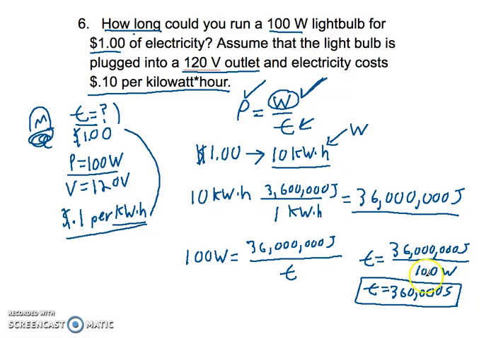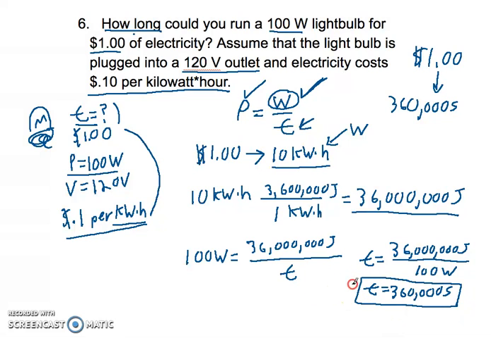So again, let's summarize what this is saying. If you have a dollar, and electricity costs this much, you can run that 100-watt light bulb for 3,600,000 seconds. So a long time. $1 will let you run that light bulb a long time. This is standard units, so the answer is fine.